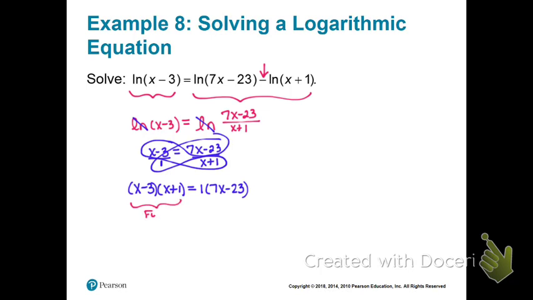Now I'm going to do FOIL on the left, or your box. So my first, my outer, my inner, and my last.